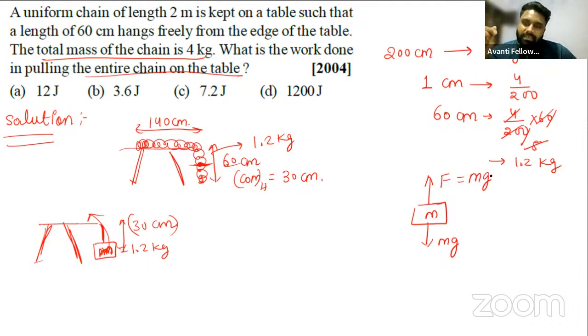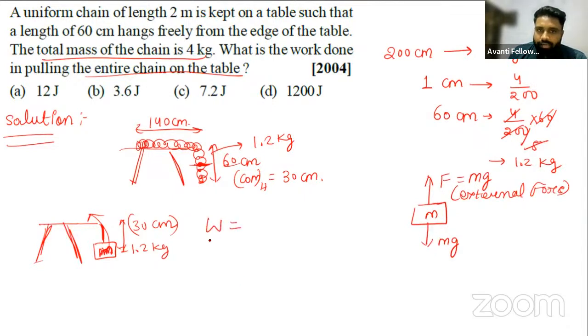Although this force is slightly greater than mg, we will consider the limiting value. So the force that you apply is the external force, and it is exactly equal to the weight of the block.